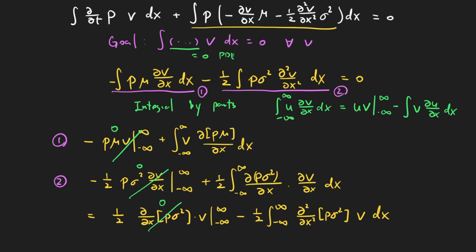Okay, good. Now we are in very good shape, right? Because we have removed the dependency of v with derivatives. Now we can just bring everything together.